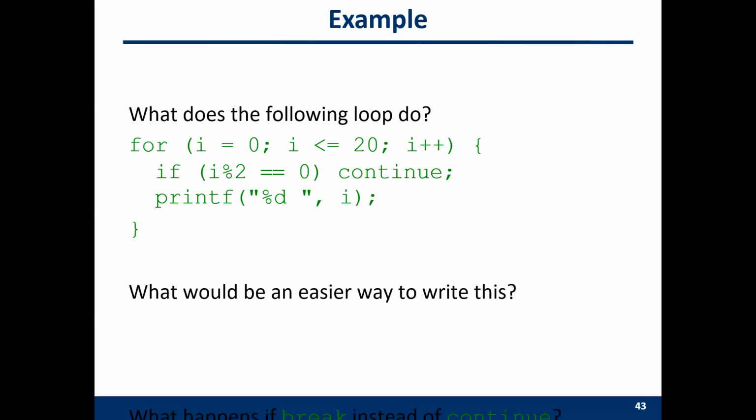But if we have this, when I is an even number, it will do a continue. It will go to the next iteration. We will not run this line. So with the continue here, we only print out the odd numbers. An easier way to implement this is that we can initialize I to 1 and increment by 2.